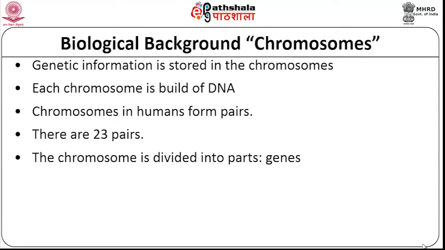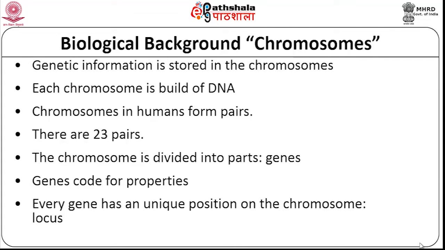The chromosome is divided into parts called genes. Genes code for properties, and every gene has a unique position in the chromosome, called its locus. So, every gene occupies a particular locus, and there is a gene code which decides the properties. That is the biological background of chromosomes, and we have adapted chromosomes for genetic algorithms.